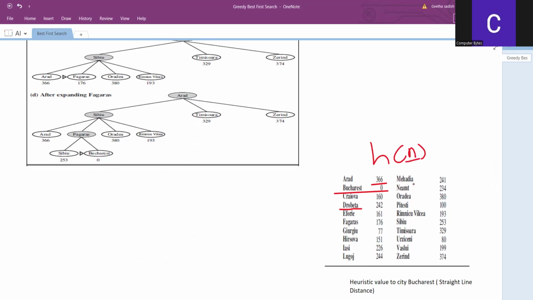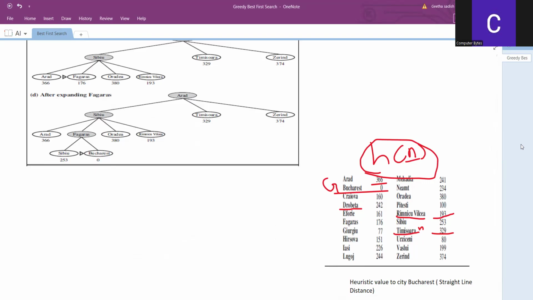If n is R, from n to B, because the goal node here is B, it is 193. From T node to B, it is 329. So this is the table which gives the straight line distance, which is taken here as h of n.